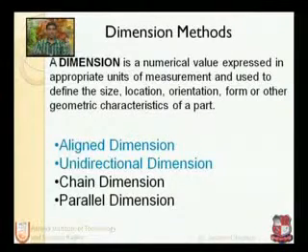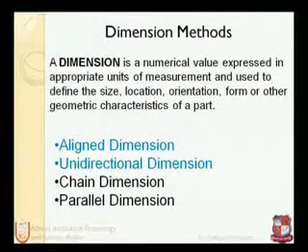Either we can read the dimension from the bottom or from the right hand side of the drawing. So you can actually tilt the text above the dimension line, but breaking the line is not permitted in aligned dimension.